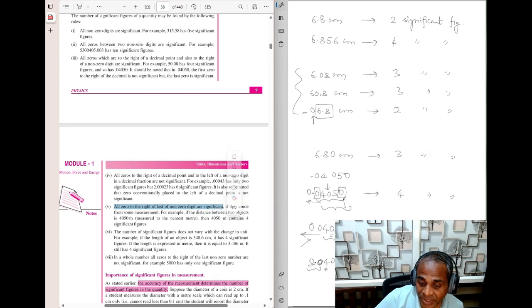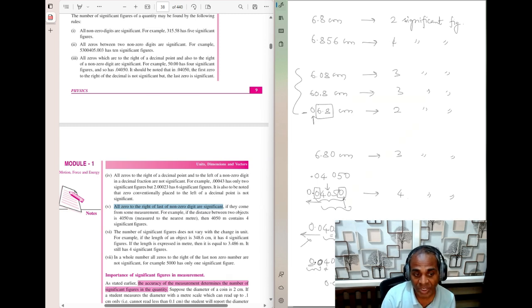So in our case of 0.04050, this 0 is fulfilling this condition, right? The last non-zero digit. Alternately, if I simply write 4050 also, this 0 is lying to the right of the last non-zero digit. In either case, these are significant. So both these contain 4 significant figures.